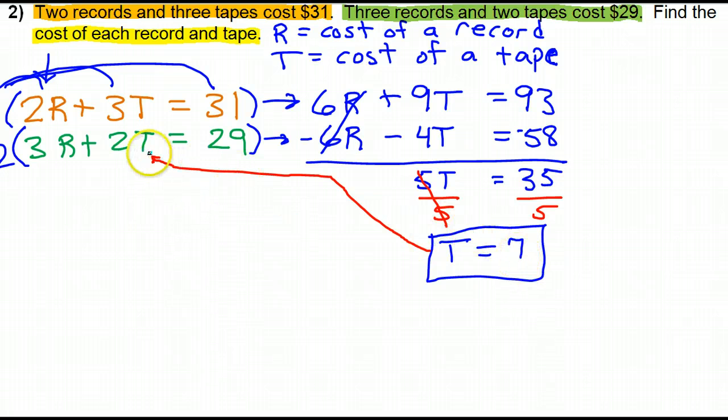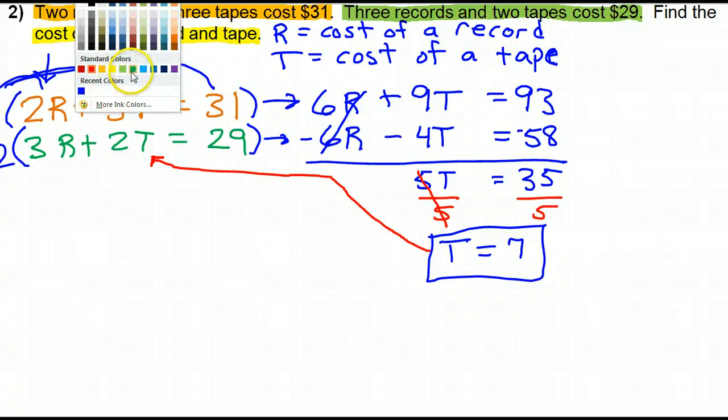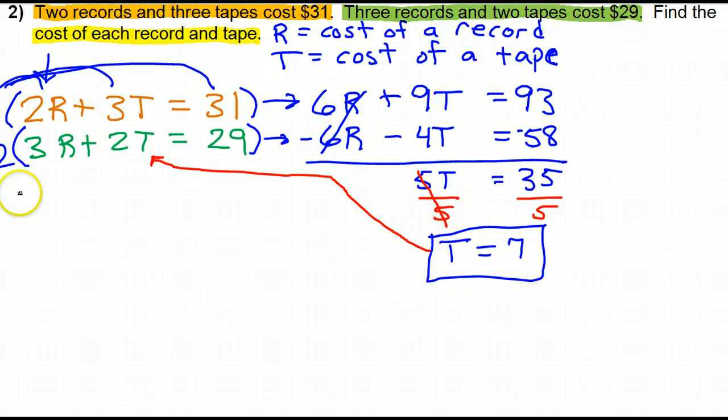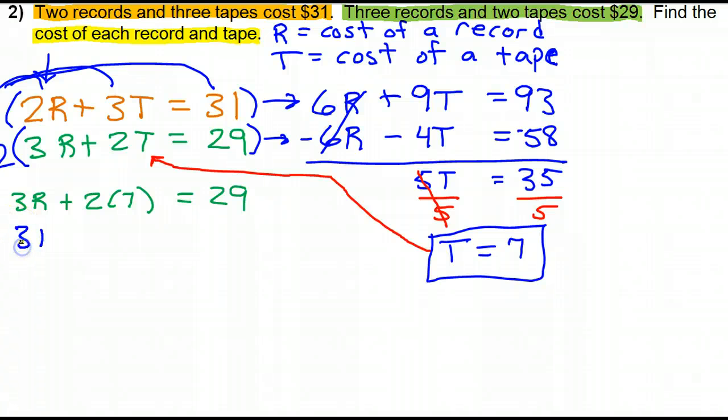Anyway, we need to take the 7 and substitute it for t. Now, I could really put it into either one of these two equations. I'm going to use this green one because it's right here in my face. So this is going to give me 3r, I'm just copying this down, plus 2t. Now t is 7, so I'll just go like that, is equal to 29. Okay, so that's going to give me 3r plus 14 is equal to 29.